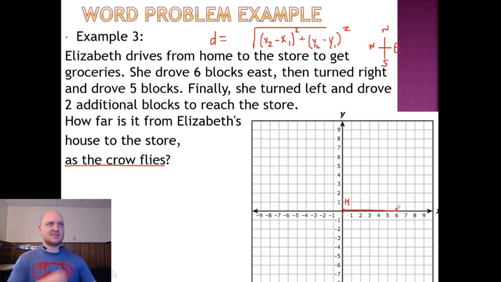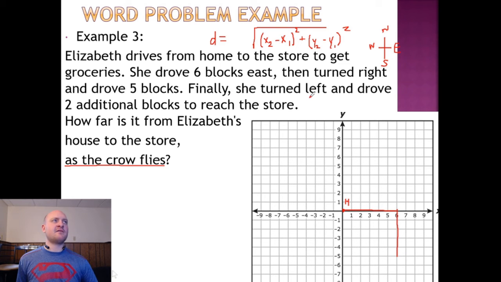I guess we're going to assume this is like New York City or something where the blocks are generally the same size. Then turn, or maybe Savannah, then turned right. Okay, well, if you're going this way and you turn right, you would be turning down, clockwise. So turning down 5 blocks, 1, 2, 3, 4, 5.